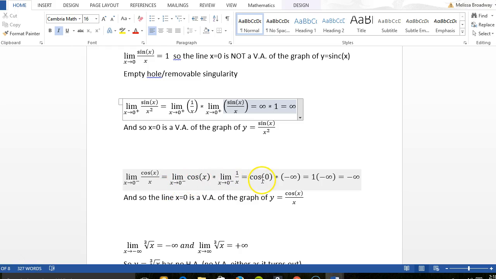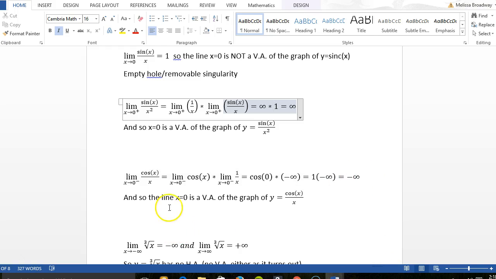You just get cosine 0. And so we get cosine 0 times, now this is negative infinity. Here we do care. The side that you approach it on does matter for this one. We get negative infinity. But cosine of 0 is just positive 1. We get 1 times negative infinity, which is itself negative infinity.